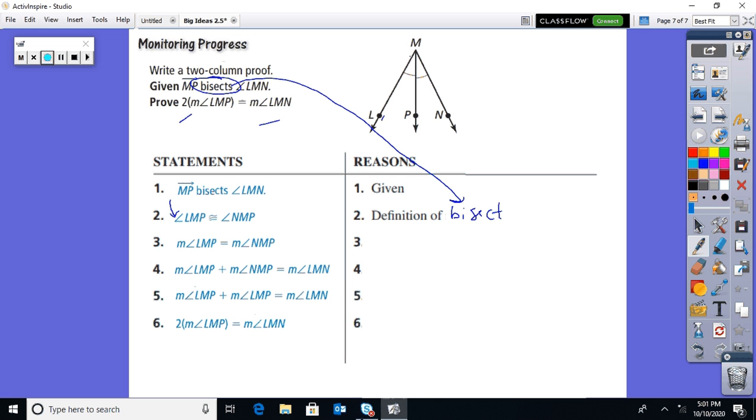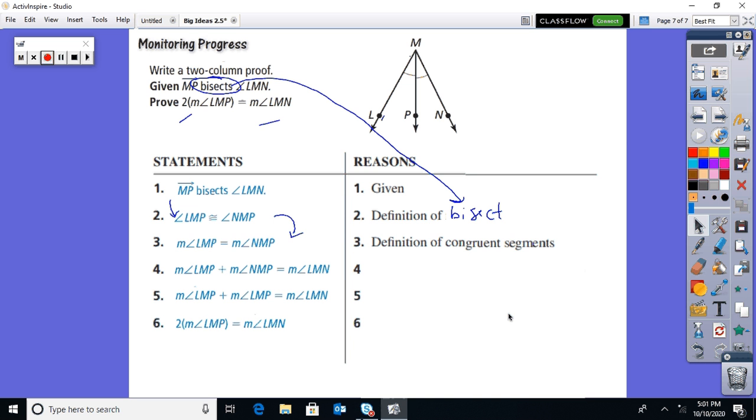Definition of bisect. Definition of bisect. All right. Like if they would say it's the midpoint, then you can use midpoint. But like I said, whatever word they use, then I want you to use. All right. And then again, here's that little transfer from congruence to equality. So there's definition of congruent.